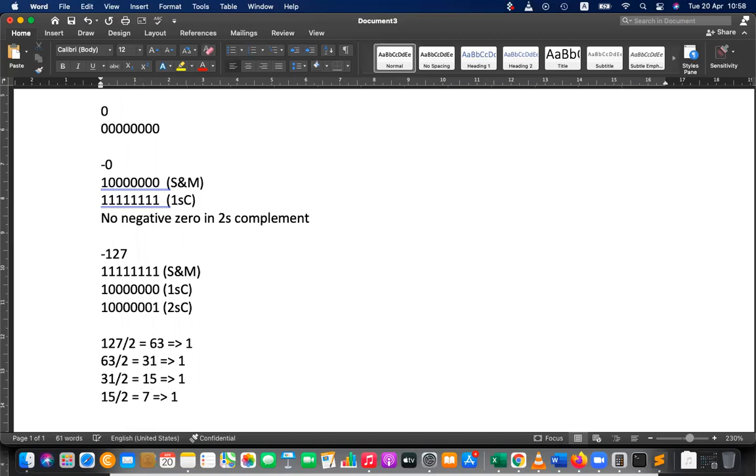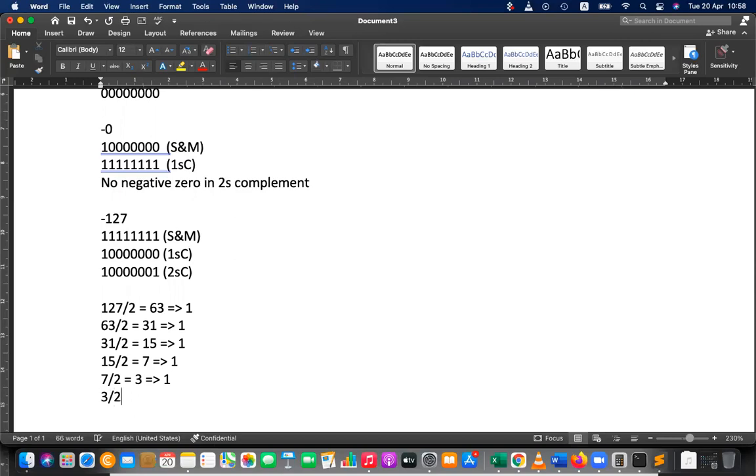Check the calculations again. 7 divided by 2 is 3, remaining 1. 3 divided by 2 is 1, remaining 1. So it is 1 1 1 1 1 1 1. It's a calculation error.